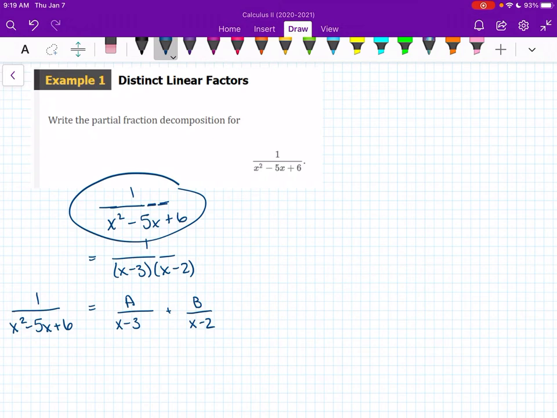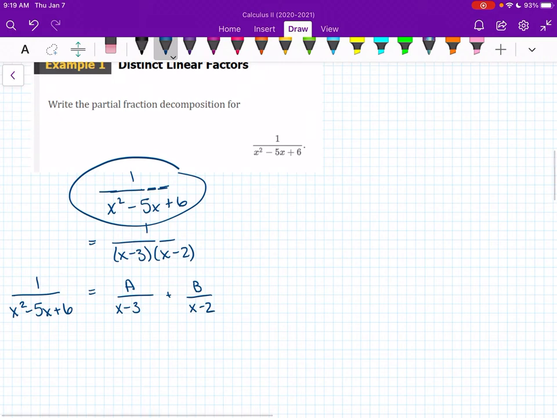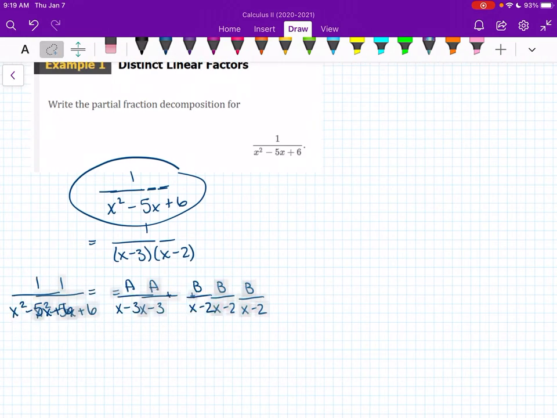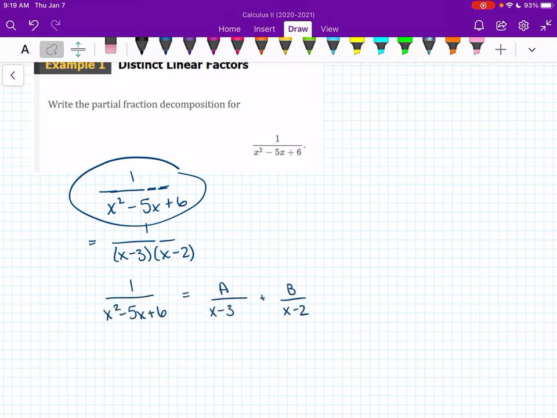If these two expressions are going to be equal, then I can go ahead and multiply both sides by that x squared minus 5x plus 6, which is the same thing as x minus 3 times x minus 2.